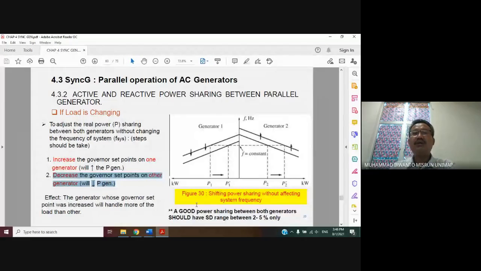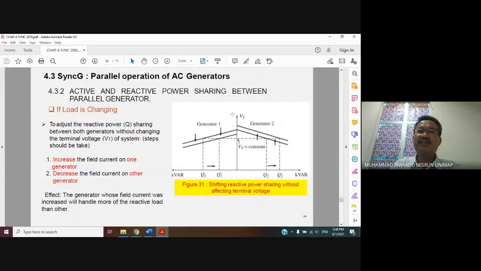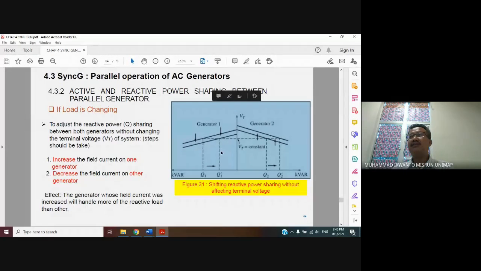Okay, and then the same for the terminal voltage. The terminal voltage will remain constant, for example constant at 13 kV, when the reactive power fluctuates.